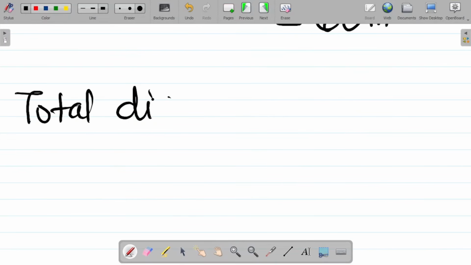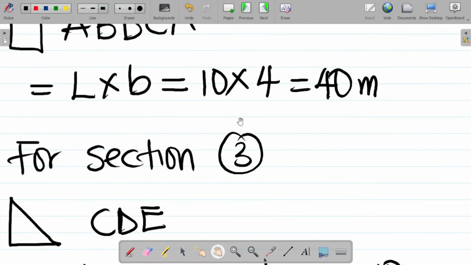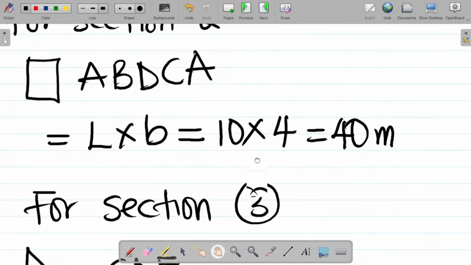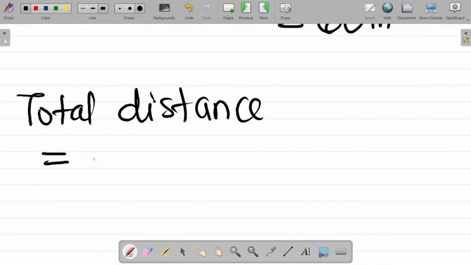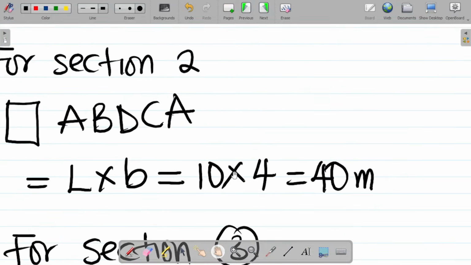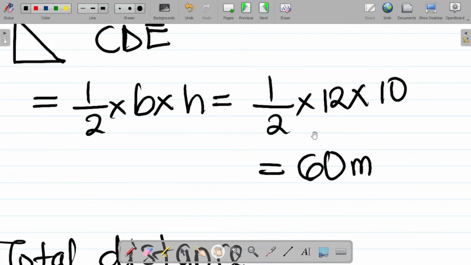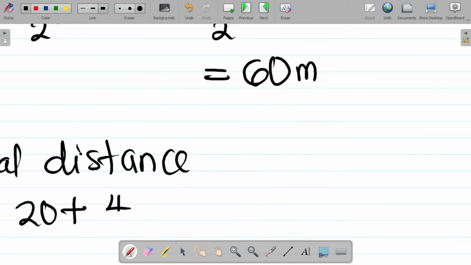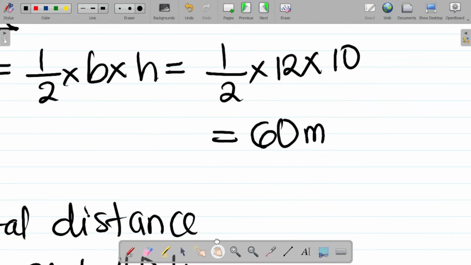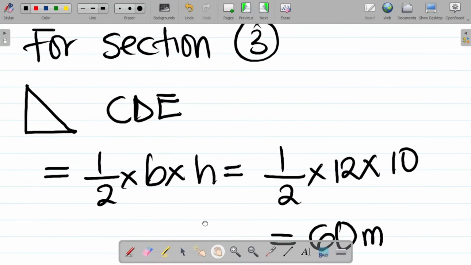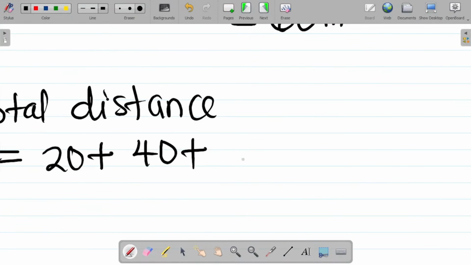So hence the total distance would be equal to, you add the value of section 1, which is 20 meters, so 20, plus the value of section 2, which was 40, plus the value of section 3, which we got here as 60 meters, so plus 60.